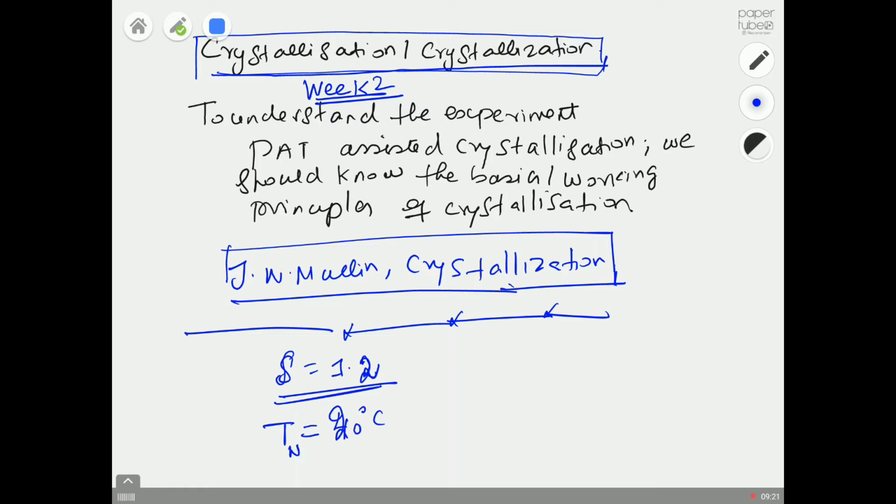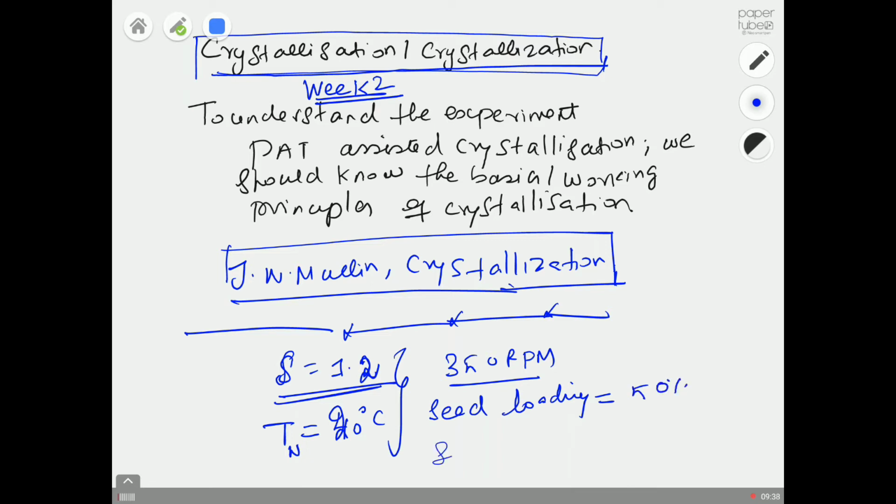That's my working temperature. I used an agitation speed of 350 rpm, and I performed 2 different experiments. In the first experiment I had a seed loading of 50%, and in the second experiment a seed loading of 80%.